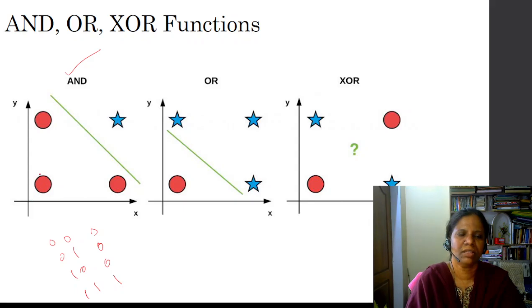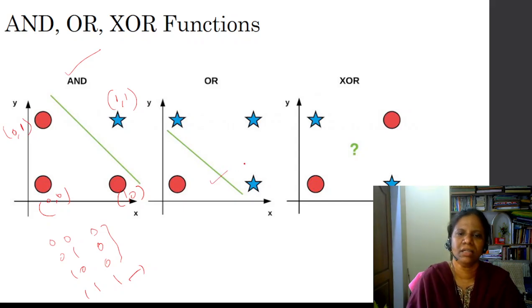Here you take all these three red dots, circles, as belonging to class 0, because this is 0 0, this is 1 0, this is 0 1, and this is 1 1. These three belong to one class, and this is another class. You can separate them with a straight line.